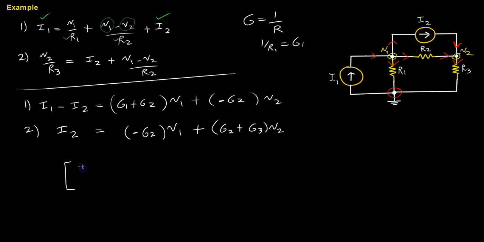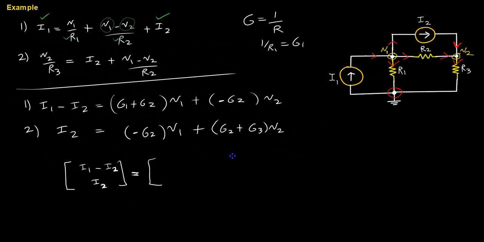So having put everything into this form, now we can rewrite the equation and place it into a matrix. So we can have I1 minus I2 on the first row, and on the second row we'll have I2. So this is a 2 by 1 matrix, which is basically a vector, and this vector is composed of the currents in this system. Now that is going to be equal to, here is where we do the matrix multiplication.